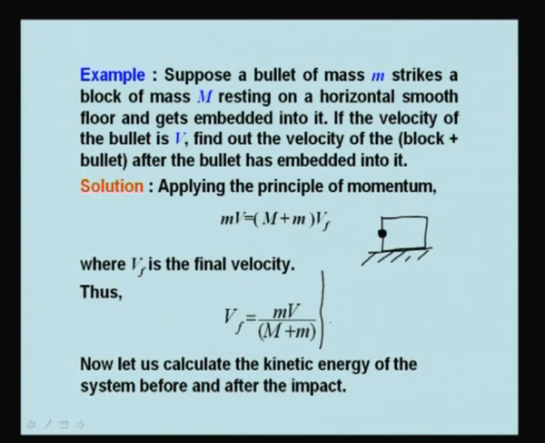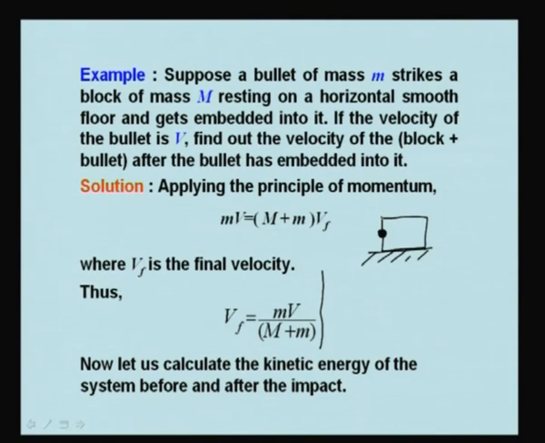If the block is kept on a rough floor instead of the smooth floor, then what happens? In that case, if the bullet is striking, there is a frictional force also acting, but if we assume that the impact duration is very small, then the force coming due to impact of the bullet is so high that the friction can be neglected.